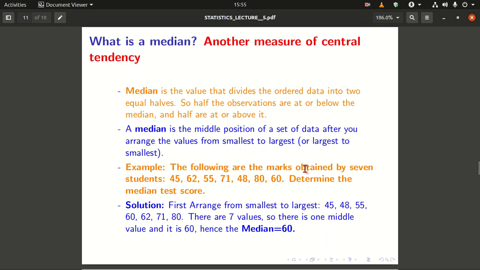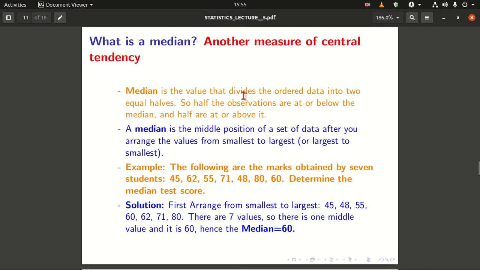Now let's look into the median, which is another measure of central tendency. You have this data, and then you arrange it in a particular order, from smallest to largest or from largest to smallest. You arrange it in ascending or descending order. And then what is the median?